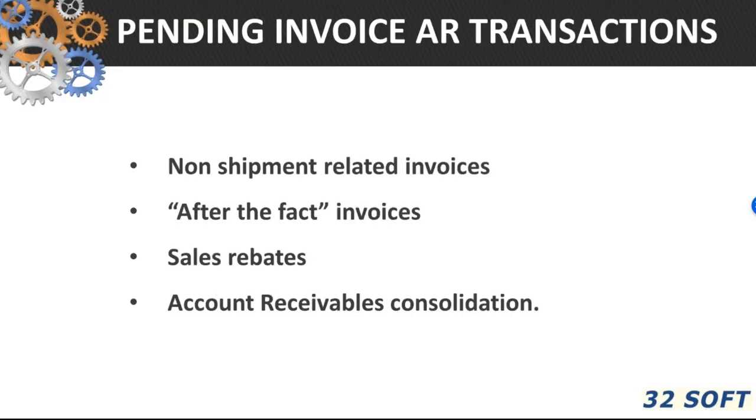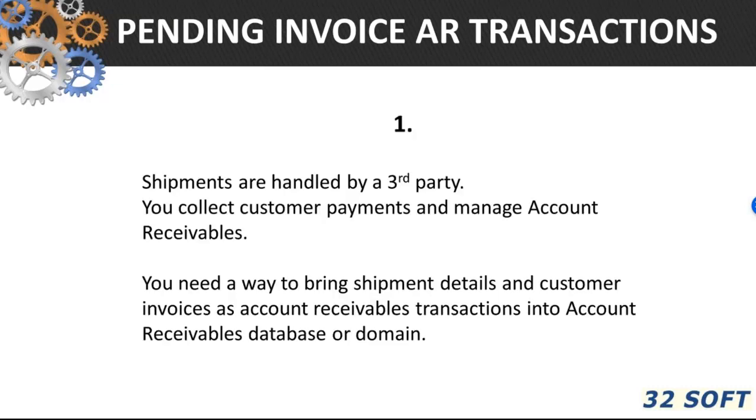I want to show you how easily you can create after the fact and non-shipment related invoices, calculate and process rebates, and even consolidate your account receivables. Here are a couple of scenarios. First one is when shipments are not processed in the same QAD database or domain where account receivables are stored.